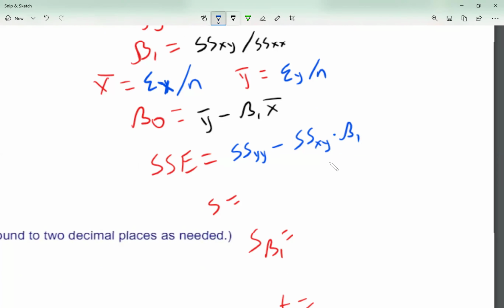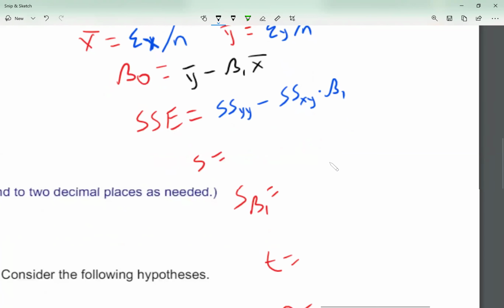Now, my standard error, we started seeing this recently. My standard error, or S, is going to be the square root of SSE over the degrees of freedom, which is n minus 2. Now, S of B1, that's basically the standard error of the least squares slope.